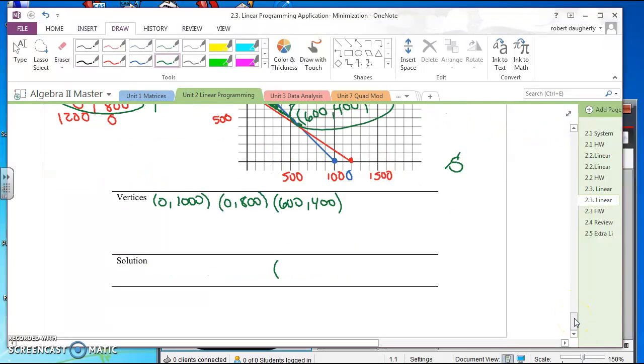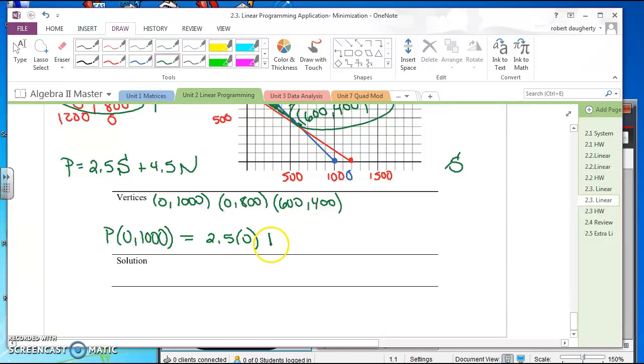So I'm going to test the profit. The profit at 0, 1000, and remember my function was profit equals 2.5 S plus 4.5 N. So that's going to be 2.5 times 0 plus 4.5 times 1000.